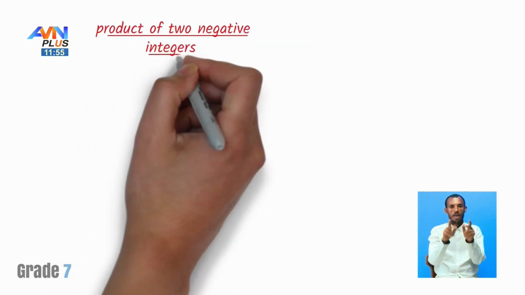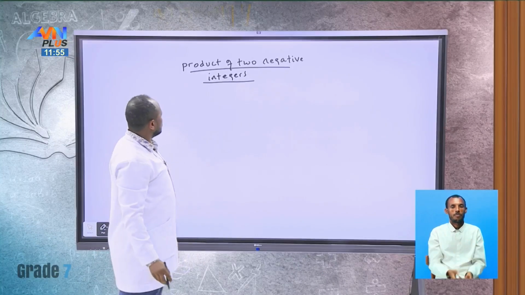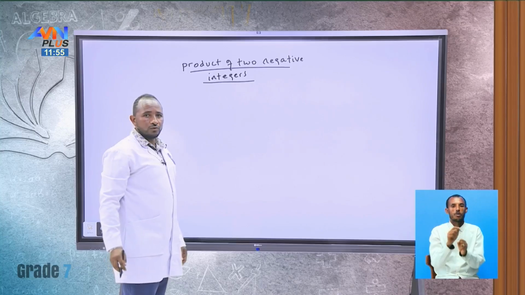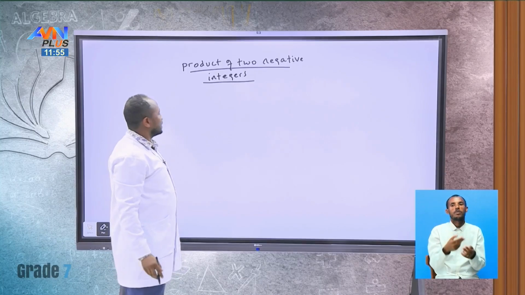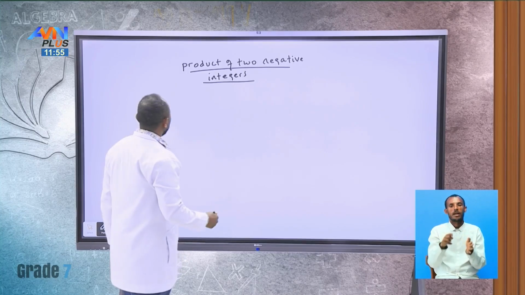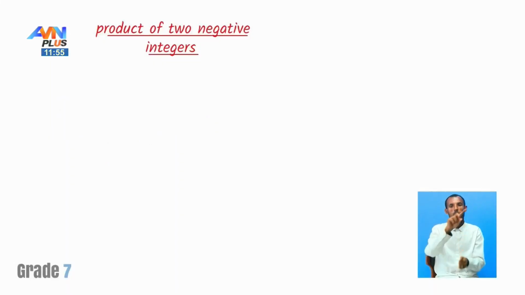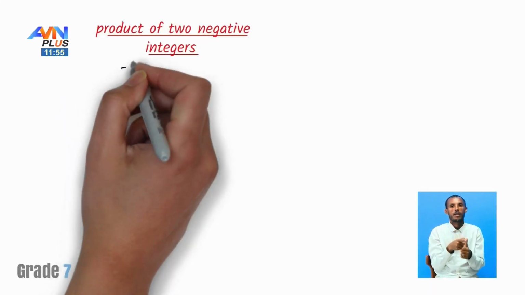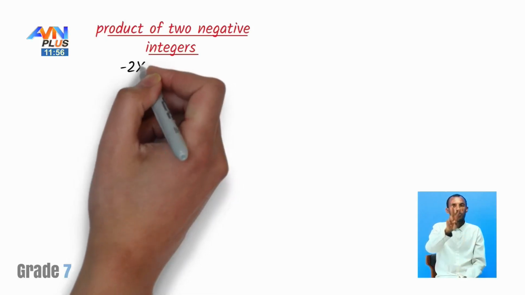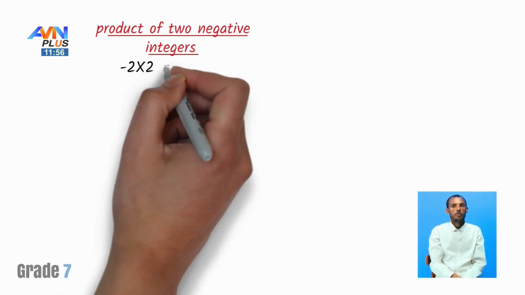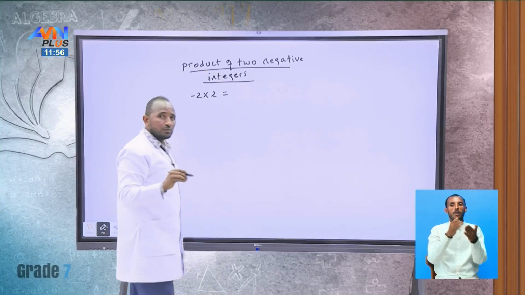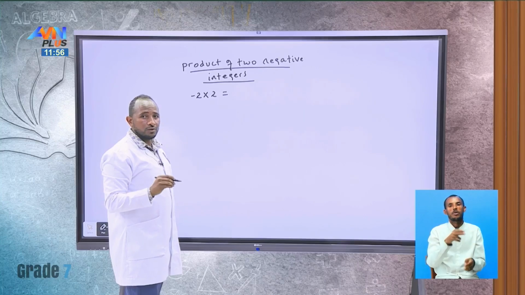Okay. Now, to find the product of two negative integers, let's try to find the answer for the following questions. The first one, negative 2 times 2. What will be the product of negative 2 and 2? Good.